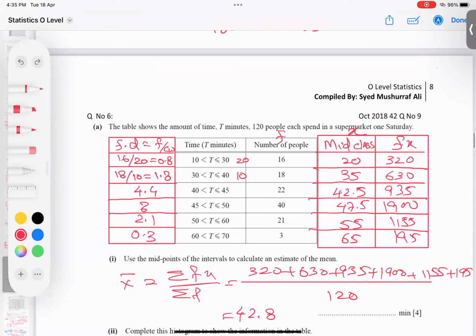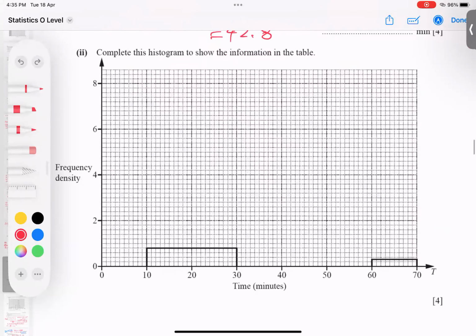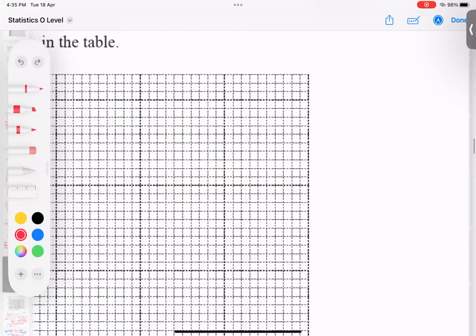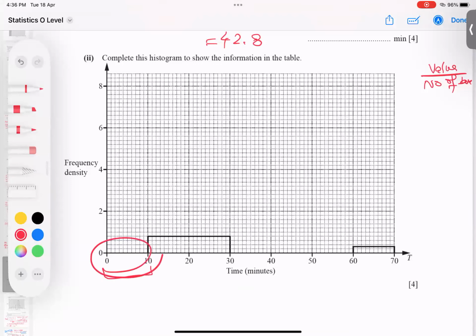The third one starts from 30, ending at 40, height 1.8. First of all, some students have issues. The formula I taught you many times, I repeat again: value divided by number of boxes. This is a very important graphical type of question. So what is the value? 10 minus 0 is 10, divided by the number of boxes.